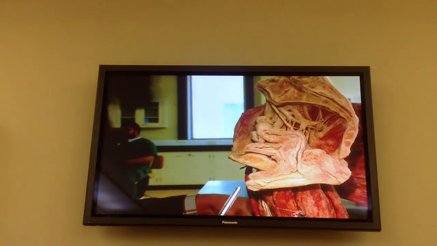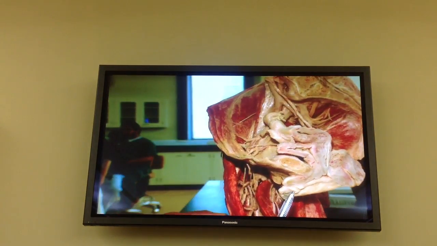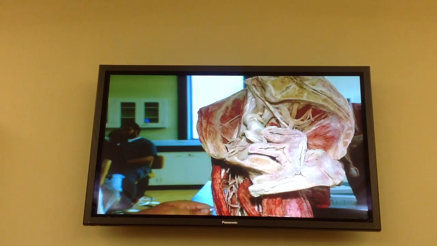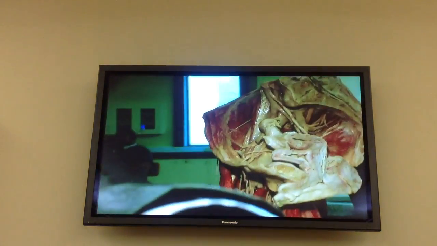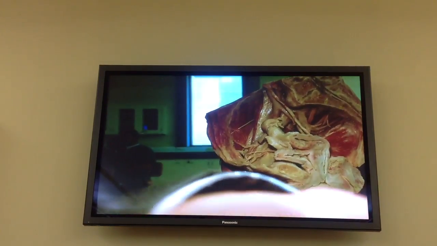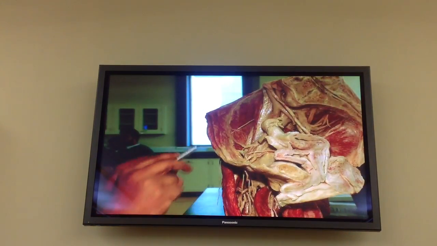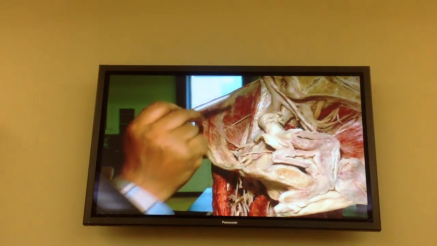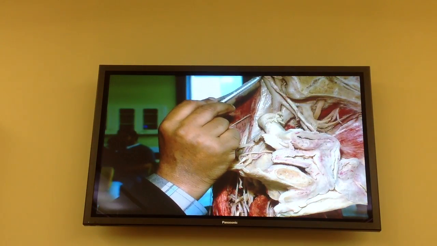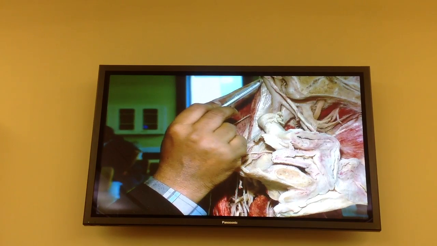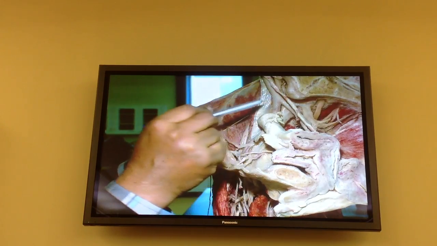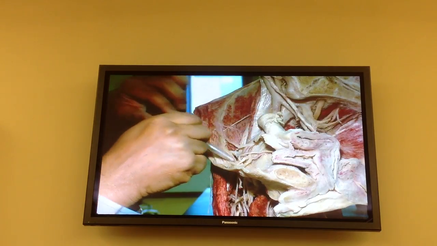In this model, I can give you a better view. Just have a look. Can you see it? This is called common iliac, and that goes to the inguinal ligament.